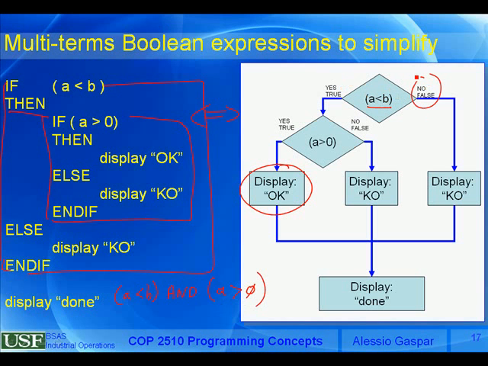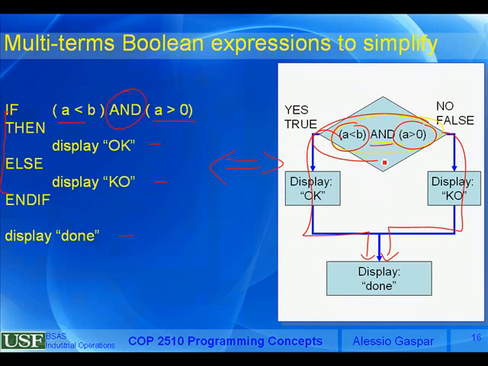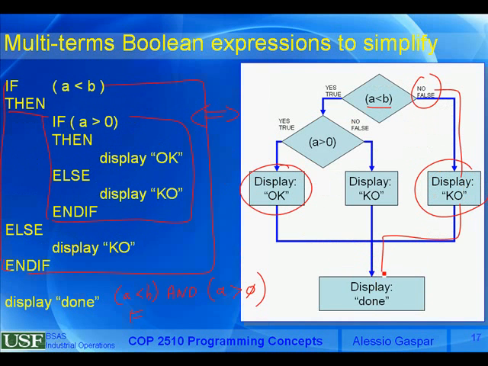If A is not lesser than B, I know already that my Boolean expression would result in false. So I do here what I would do in my previous slide when my Boolean expression was false. I go back one slide. If this Boolean expression is false, I display KO, and then I go to done. Well, this is what I'm doing here. I display KO, and I'm done. I just implemented a form of lazy evaluation, didn't I? I test the first term of my Boolean expression.